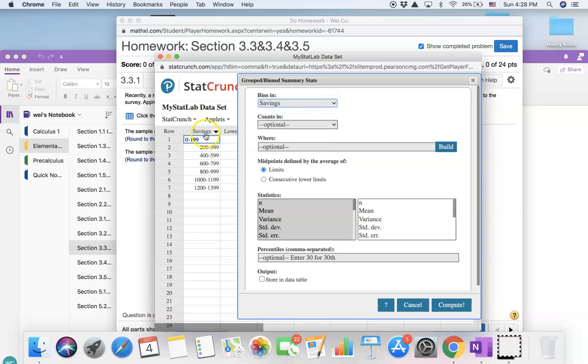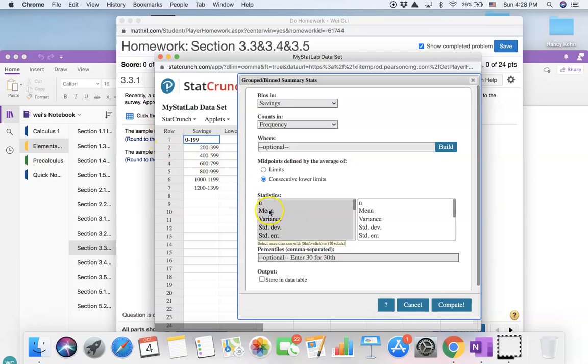So we select savings. Okay, and the second thing we have to select is the frequency. Okay, the middle points, we said the middle points are given by consecutive lower limits. Okay, and then we select the mean and standard deviation.